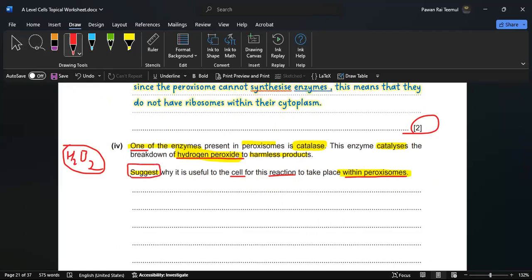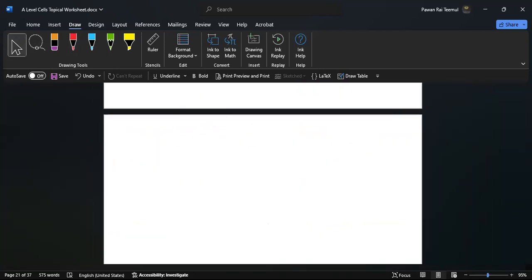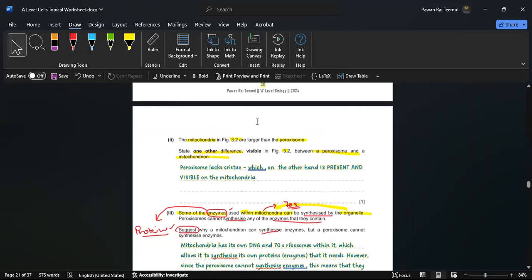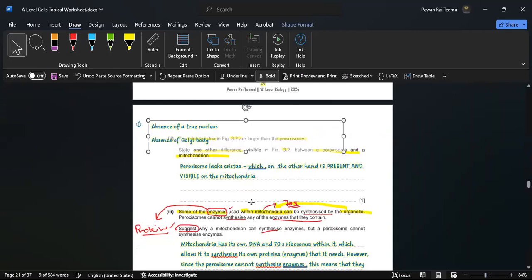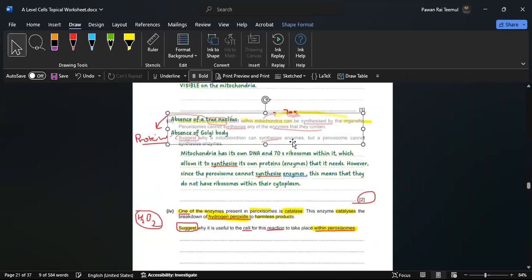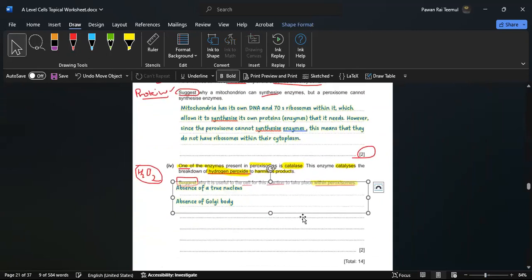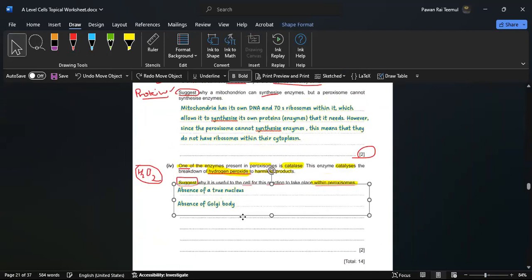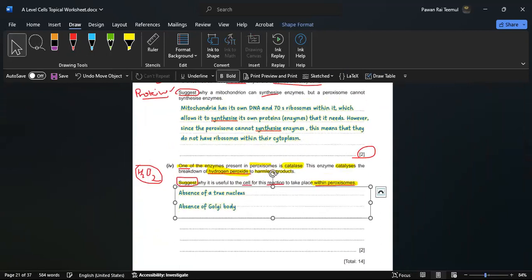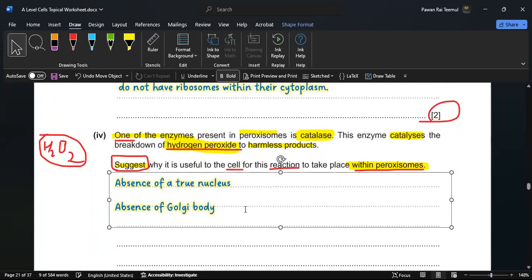First of all, enzymes are very sensitive substances, so they need a specific pH to work. We could imply that the peroxisome has the perfect, the optimum pH to sustain the enzyme-catalyzed reaction of catalase.